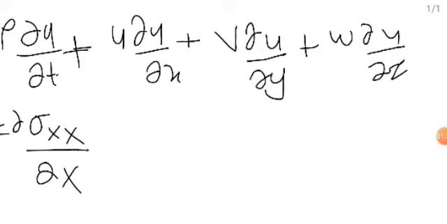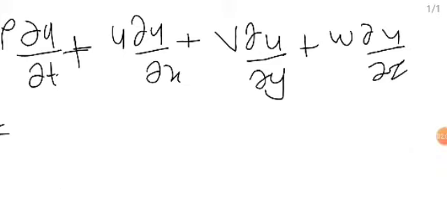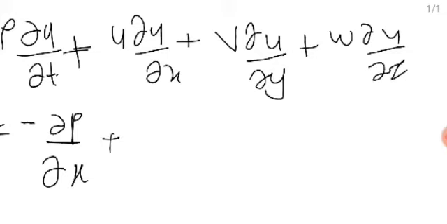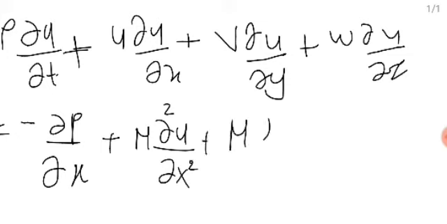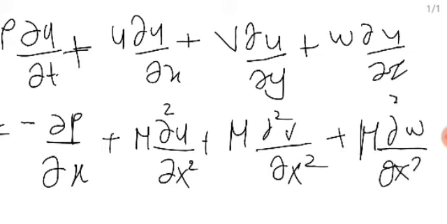So for any plane, normal stress we can consider it to be pressure. Pressure is compressive. In normal stress we consider outwards or away from the plane as positive, since pressure is a compressive force, we have to use a negative sign here. So I can write it as minus ∂p/∂x plus what all terms we have coined up, μ ∂²u/∂x² plus μ ∂²v/∂x² plus μ ∂²w/∂x².